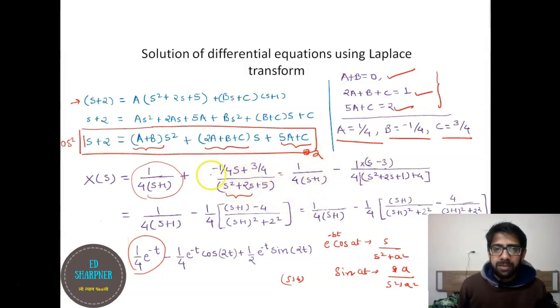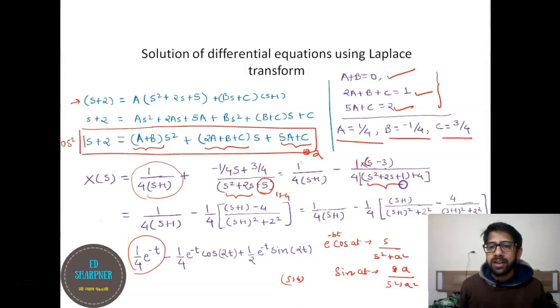So minus 1 by 4 is taken common. So 1 by 4 upon s plus 1, and here 1 by 4 is taken common. Then we have s minus 3 in the numerator, and in the denominator we get s square plus 2s plus 1 plus 4. So we have divided this 5 into two parts, 1 plus 4.